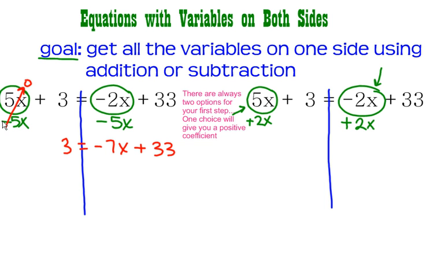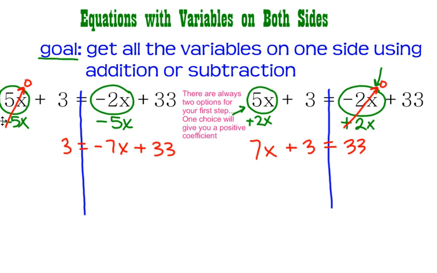And just like in those other problems, I am going to show that a plus 2x and a minus 2x is 0. They're a 0 pair. They've canceled each other out. And what's left over here, 5x plus 2x, is 7x plus 3 equals 33.